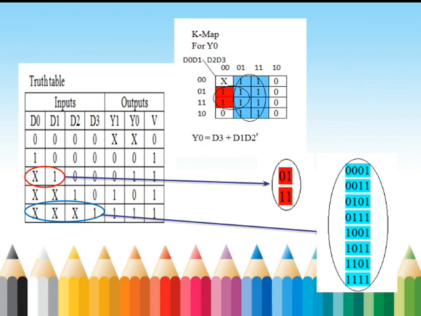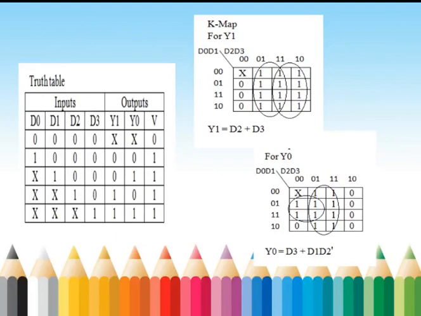The same can be transformed into the K-map. After grouping, we have the expression for Y0, which is D3 plus D1 into D2 prime. So finally, the output expressions of Y1 and Y0 are obtained.